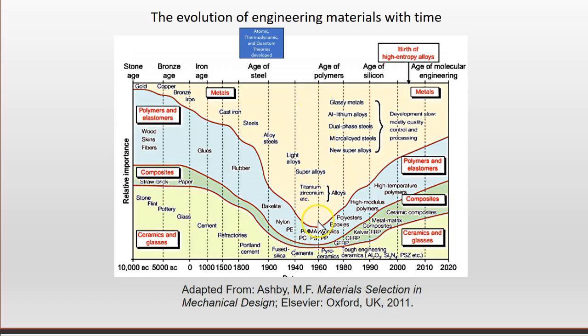We can see the usage of metal peaked around 1960. And as time has gone on from that point, we've seen materials such as polymers, elastomers, composites, ceramics and glasses starting to replace the usage of metals.